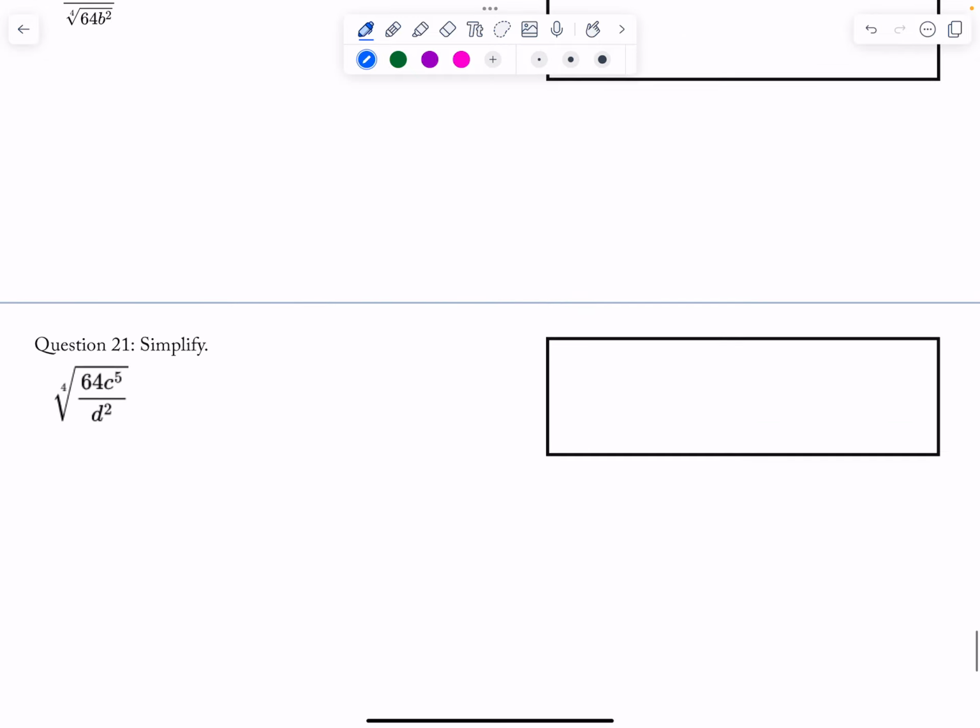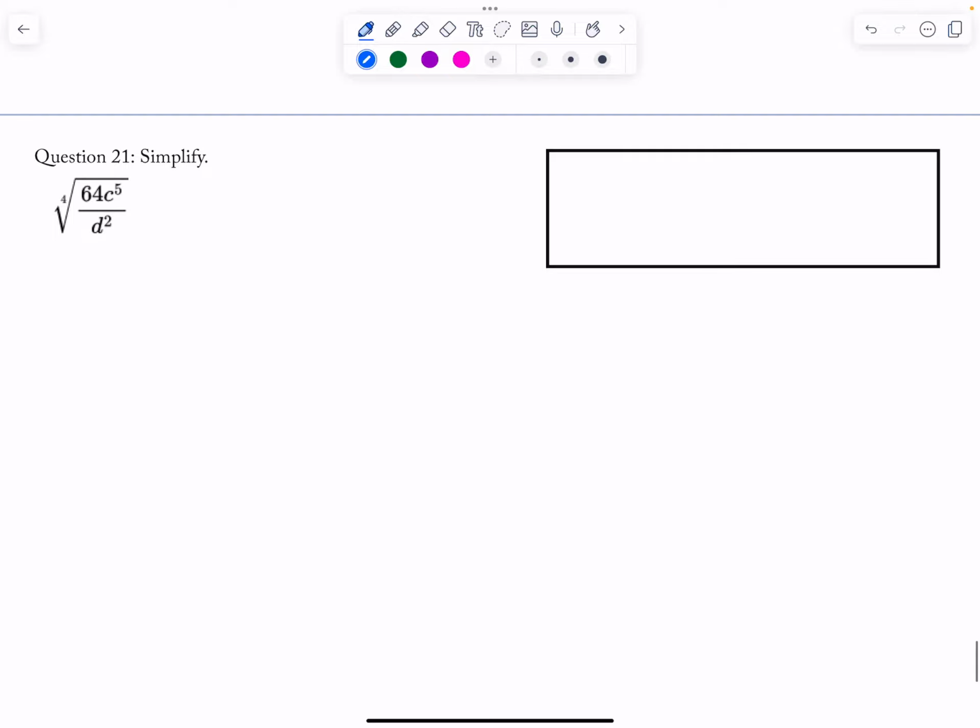Okay, and then number 21, last one. So this is the 4th root of 64, 4th root of c to the 5th, and the 4th root of d squared. So 64, 2, 32, 2, 16, 2, 8, 2, 4, 2, 2.